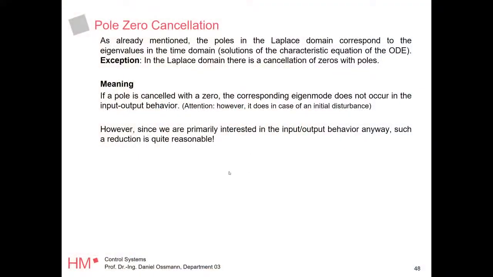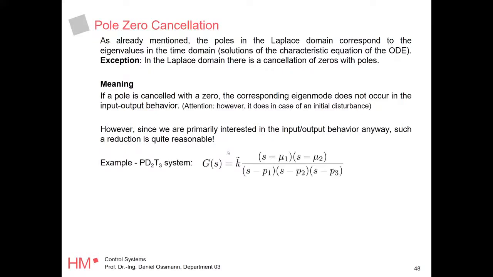Okay. And why is this important? Because as engineers, we are primarily interested in that input-output behavior, so we can easily cancel this. Let's consider a PD2 T3 system. We've got 3 poles and 2 zeros. I mean, we can work with this, right? But we know it's a little bit complicated.